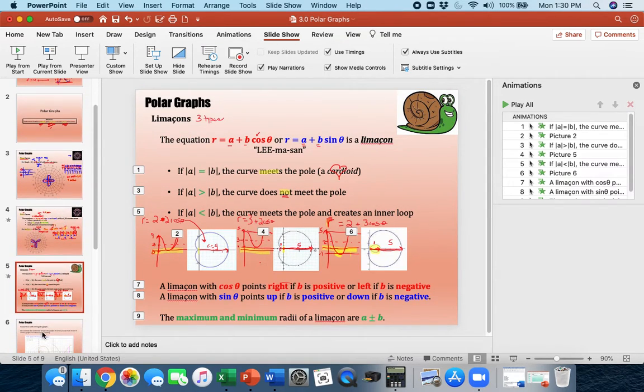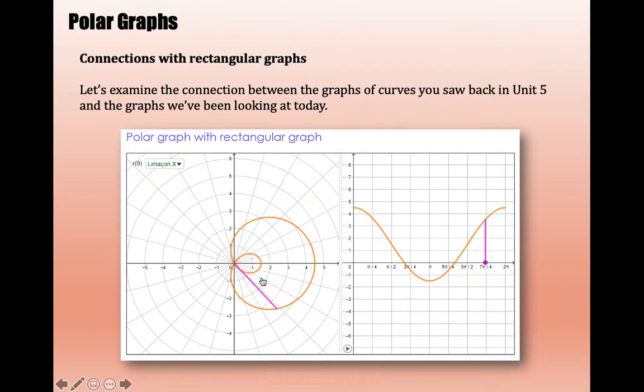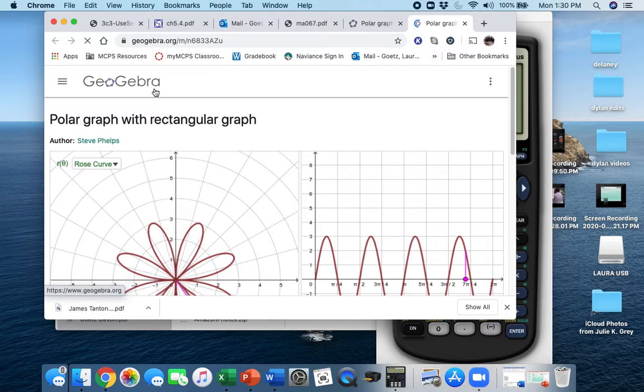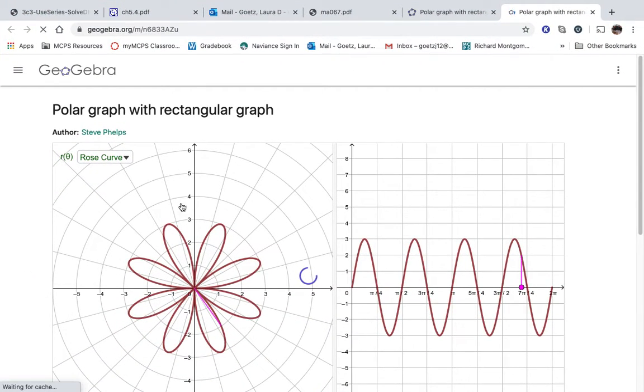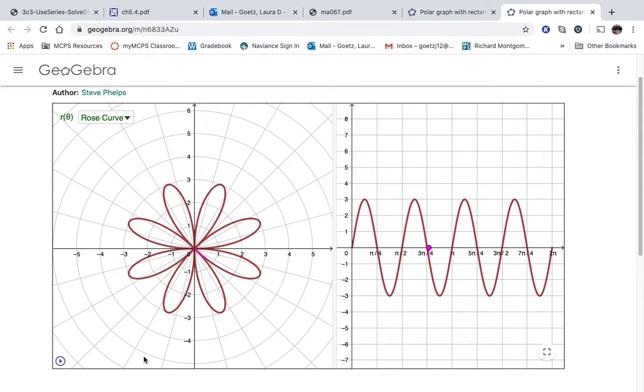So here is a cool website where you can go and watch some of these graphs. And you can watch them trace in y equals form and polar form. Isn't that kind of cool? Notice that every time I'm hitting the x-axis here, I'm at the pole.